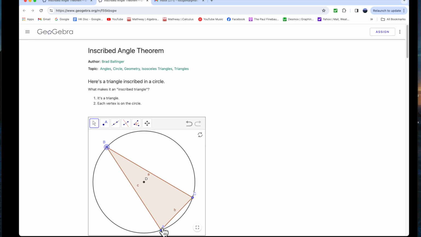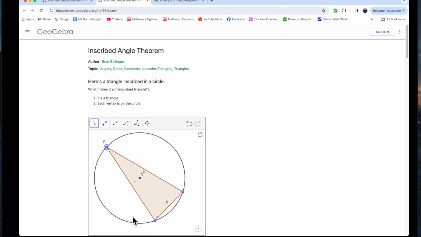So here's angle A. Here are the lines of the triangle that create angle A, and here is the arc that is captured by angle A. Notice that it's less than 180 degrees. If it was 180 degrees, it would look like this. But this is less than 180 degrees. There's that calculator jumping, I apologize.